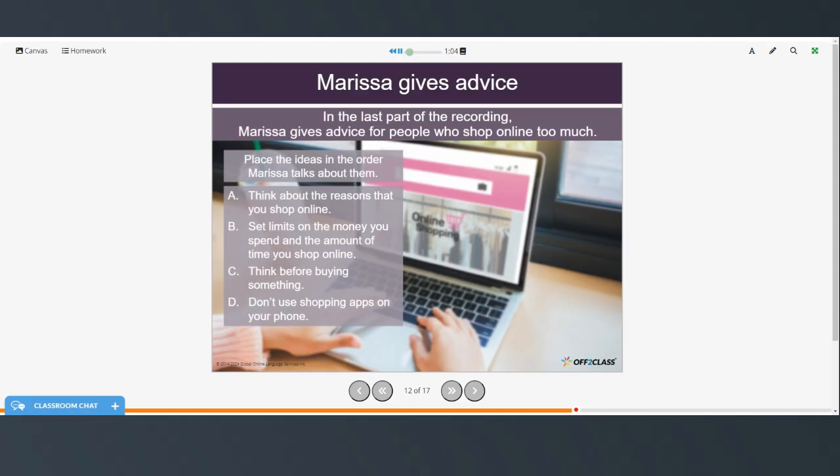Well, for a start, you should stop and think before you buy something. Ask yourself, do I really need it? Or, can I afford it? Avoid buying anything immediately. Give yourself a cooling off period. Secondly, don't have any shopping apps on your phone, and avoid saving your credit details or customer information.